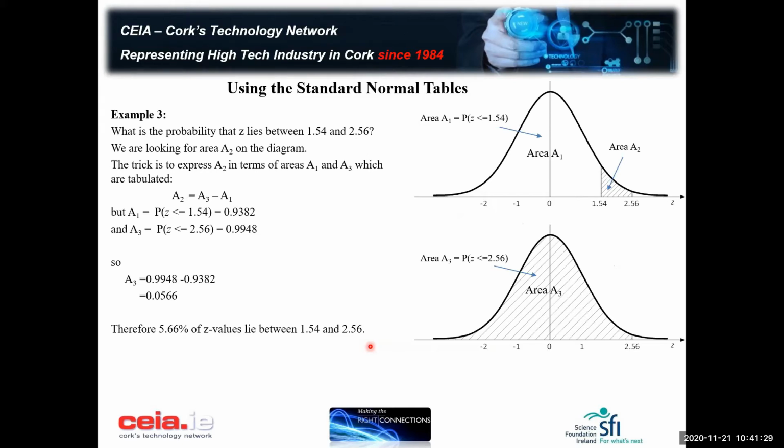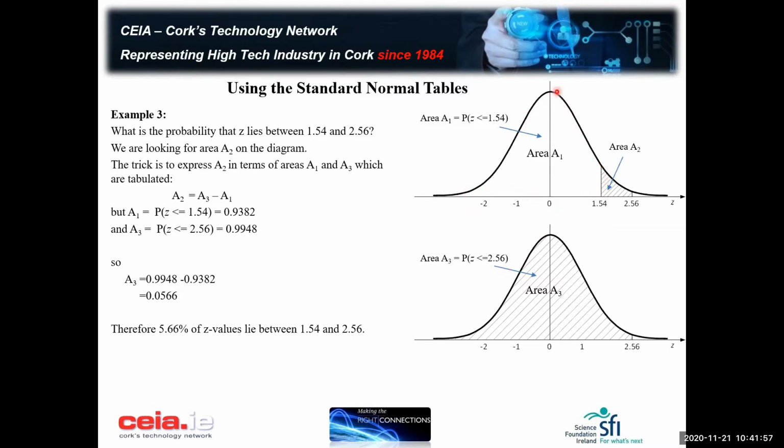Right. Another example. Supposing we want to find the probability that Z lies between two numbers. In this case, we've got 1.54 and 2.56. How do we work that out? Well, we can consider it as being the difference between two areas. This area A1 is obvious.